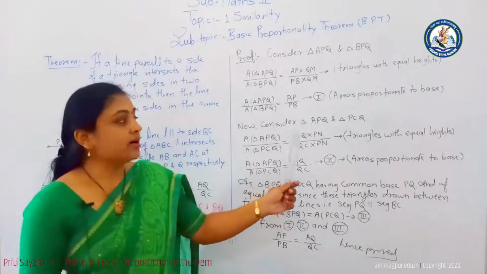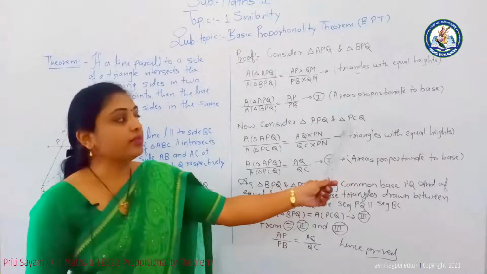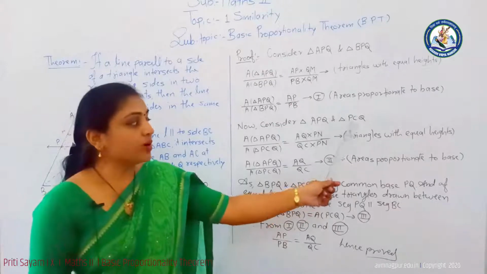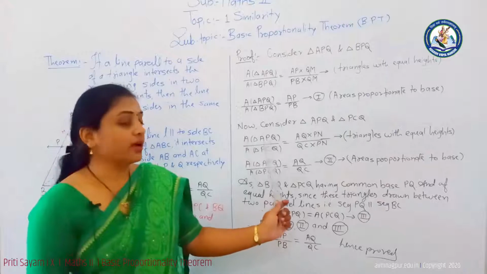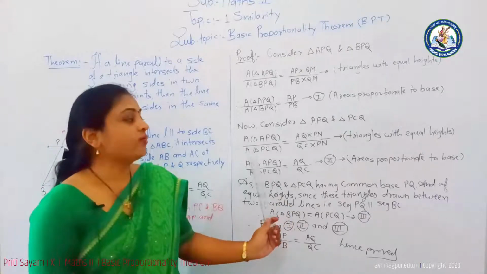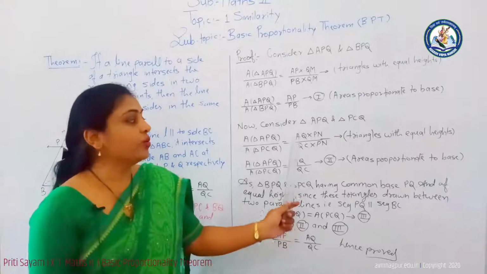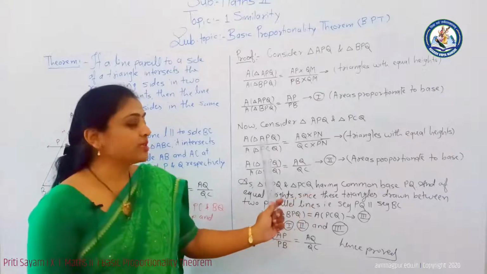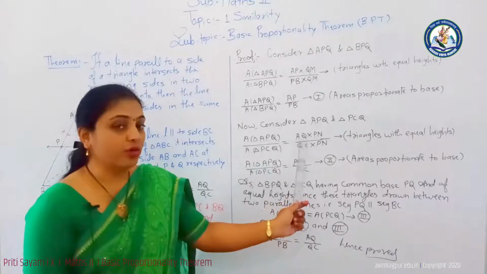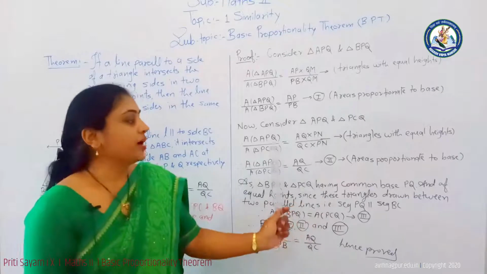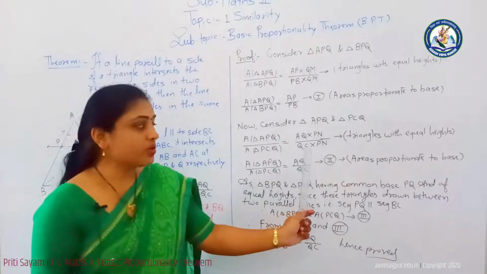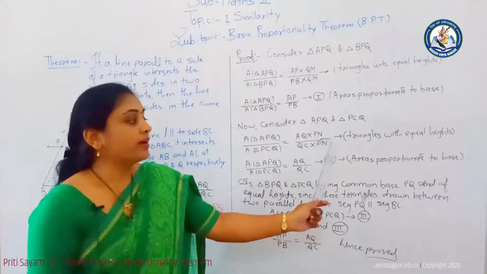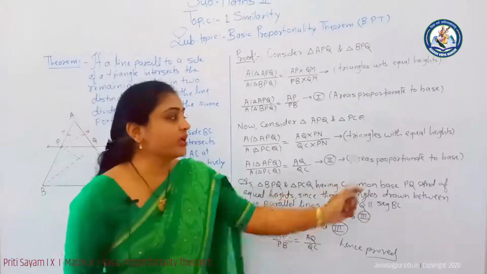Then we consider triangle APQ and triangle PCQ. In these two triangles, area of triangle APQ upon area of triangle PCQ equals base into height. For triangle APQ, base is AQ and height is PN, and for triangle PCQ, base is QC and height is PN. The reason is triangles with equal heights.